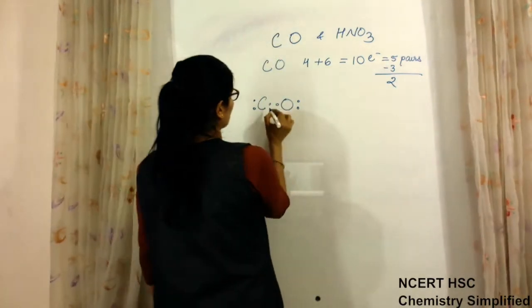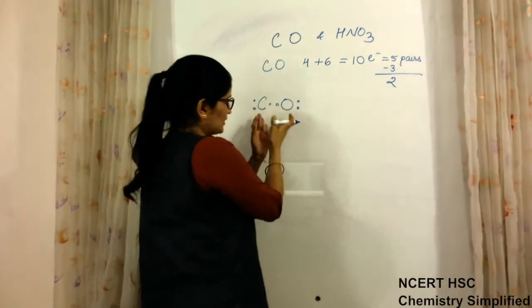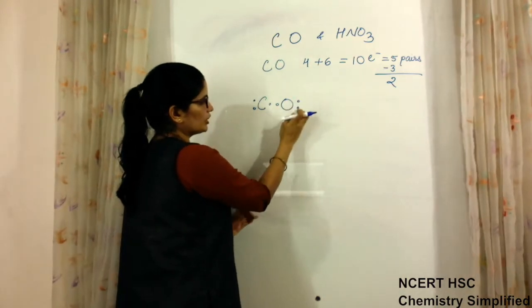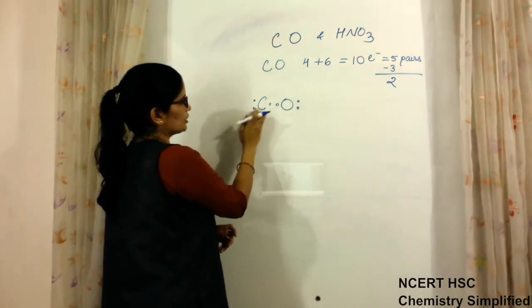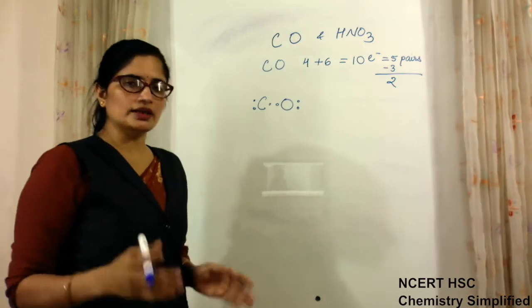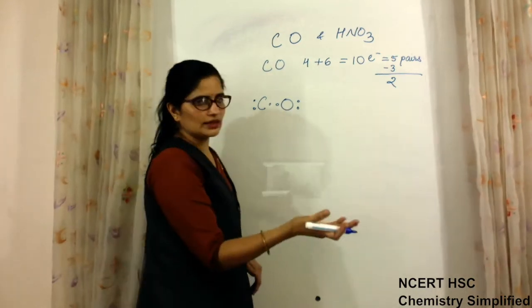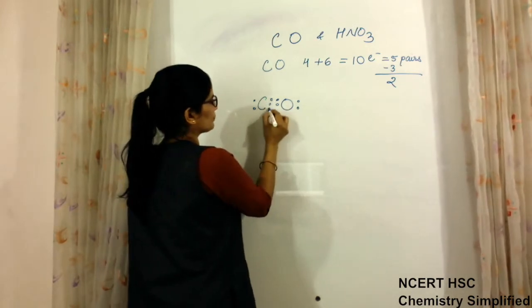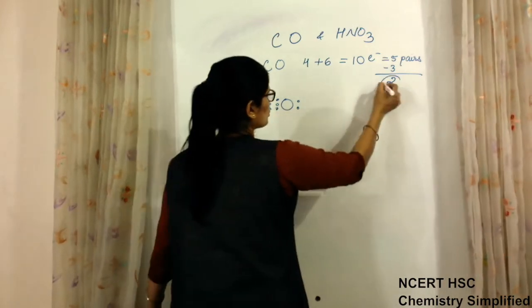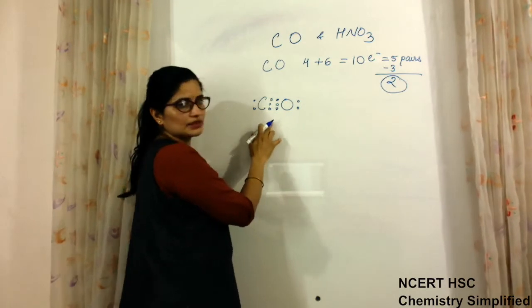In this condition oxygen has 4, carbon has 4, octet of none of them is complete. So 4 are there, 4 more are needed. So that is 2 pairs more we have kept in between.